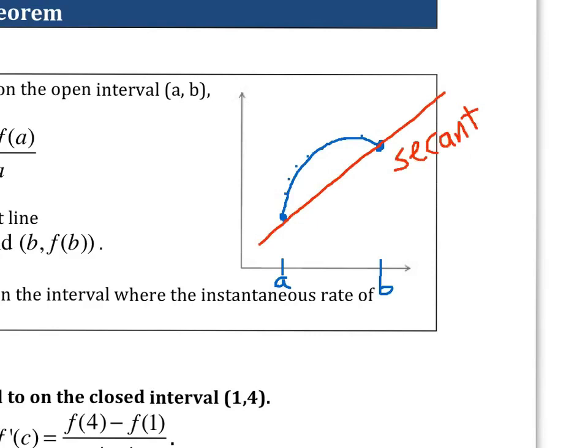And if we draw a parallel line that's also tangent to this right here, we can get a tangent line that's parallel to our secant line. And this would be our value of c right here.